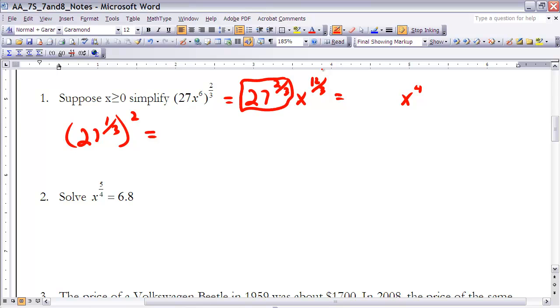Well, what number can I multiply by itself 3 times to get 27? That would be 3. So that's the same as saying 3 squared. Okay, so I've taken care of this stuff, so now I'm left with this stuff right here. 3 squared is 9. Therefore, that is equal to 9x to the 4th.